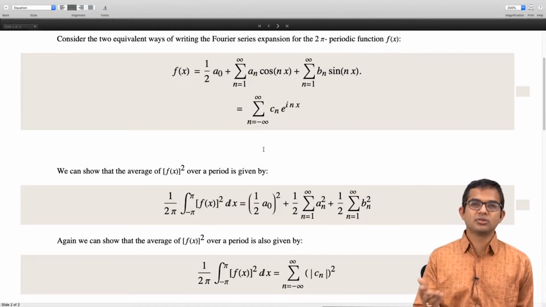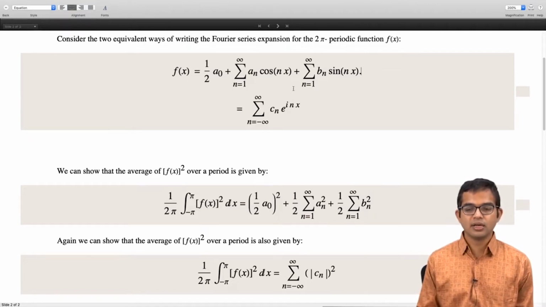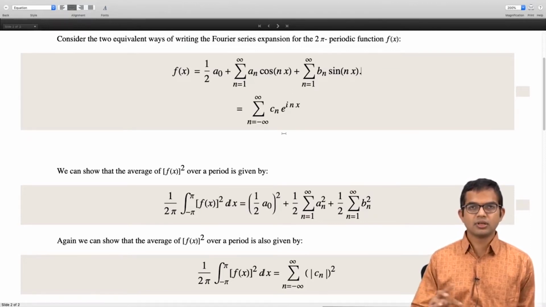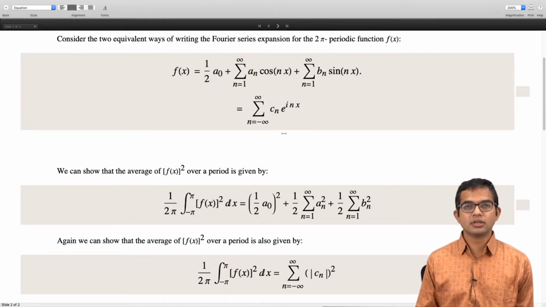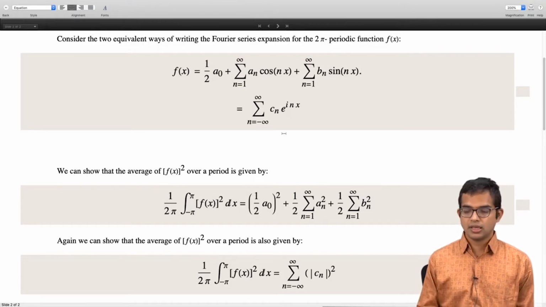This is also something you can explicitly verify by first arguing that the integrals pertaining to the cross terms will vanish, and for the diagonal terms you can show that it's exactly this quantity. It's going to give you mod cn squared summed over all n going from minus infinity to plus infinity.